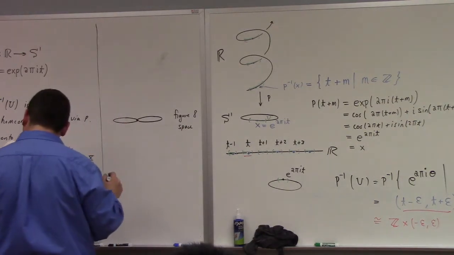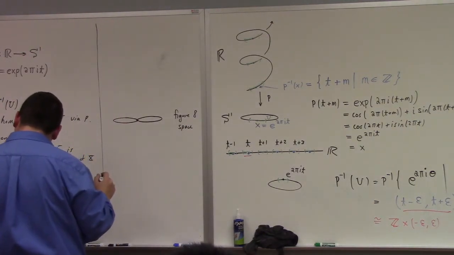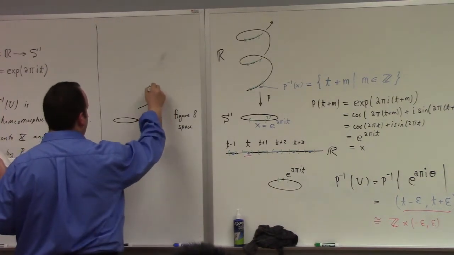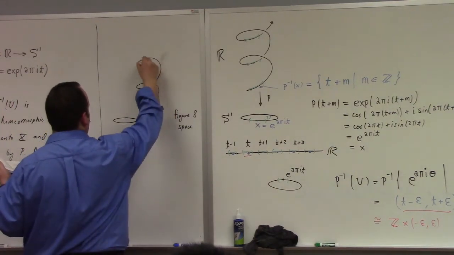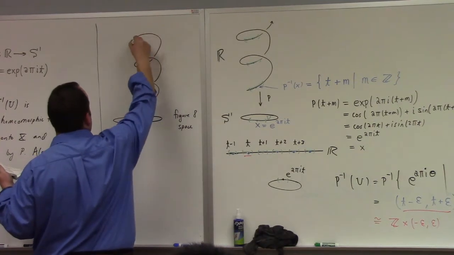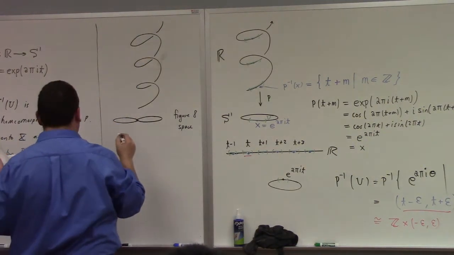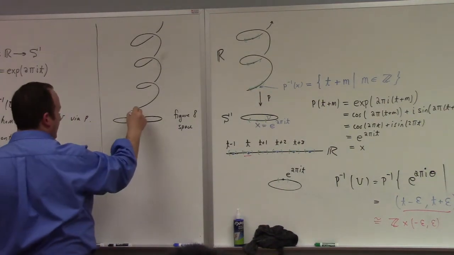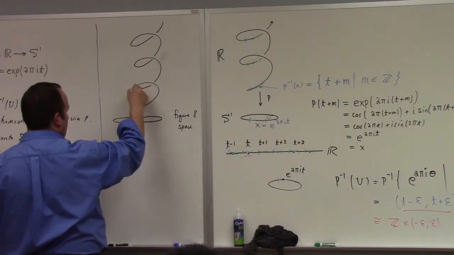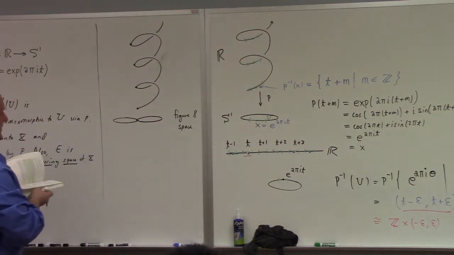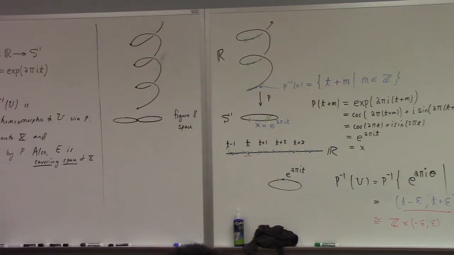And so his idea here is that you can form a covering by basically doing a helix over the 1, and then at certain points attaching a circle.